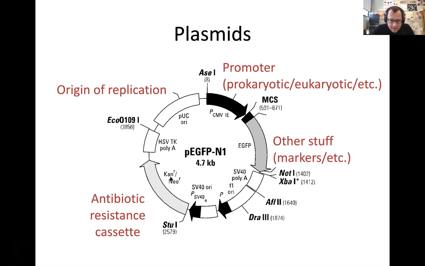You can see this thing says KAN-R. That means that it's kanamycin resistant. This one's actually interesting in that it also works in mammalian cells for neomycin resistance, which is G418. So we could use antibiotics, but regardless, let's just focus on the bacteria for now.